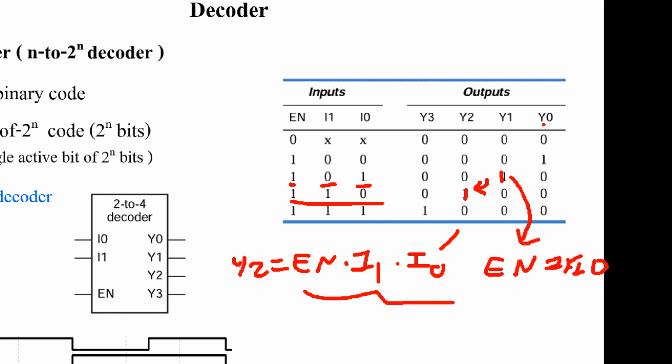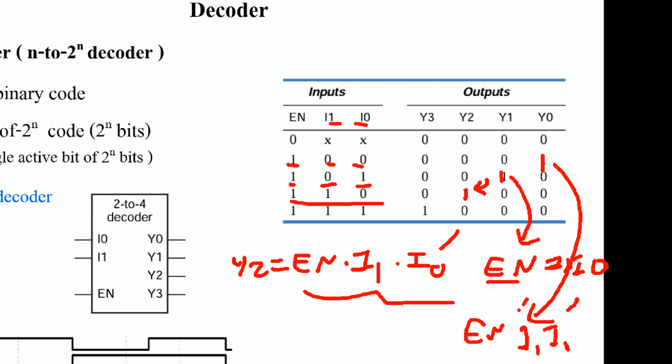For Y0, it is 1 when enable is 1 and I1, I0 is 0, 0. So for this one, you can write En and I1 prime and I0 prime. Okay, that's all.